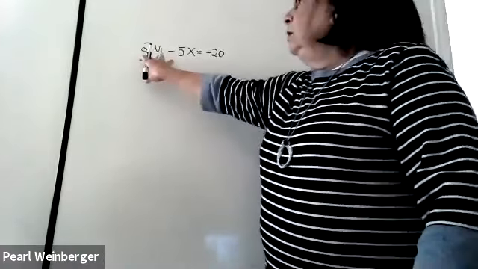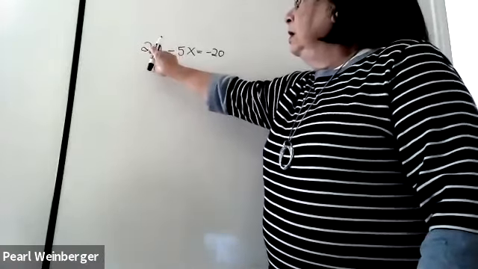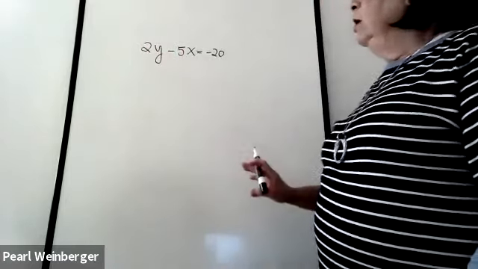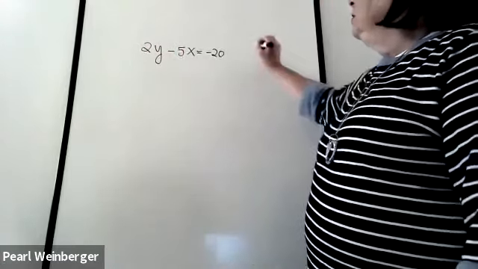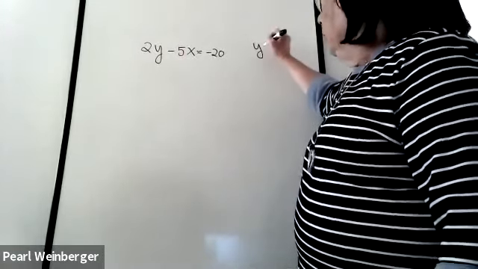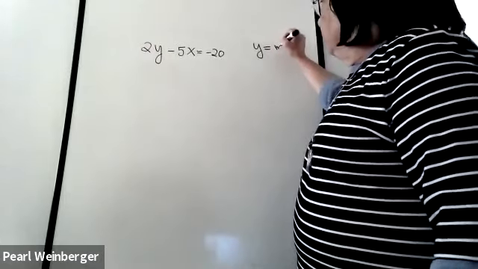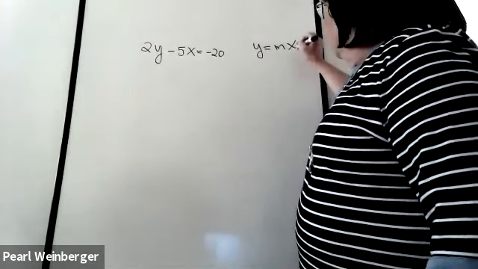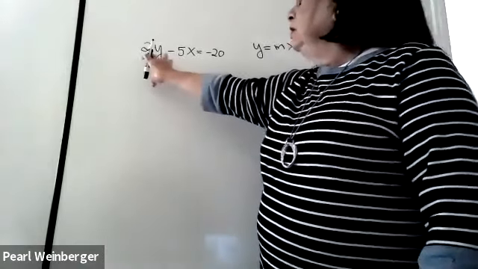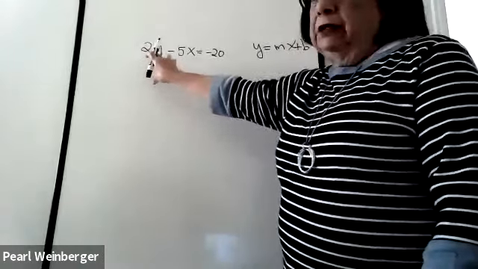This is in what we call standard format. What we want to do is put the equation in what we call the slope-intercept form, the y equals mx plus b form of the line. And in order to do that, the first thing we have to do is isolate the y. We have to get the y by itself.